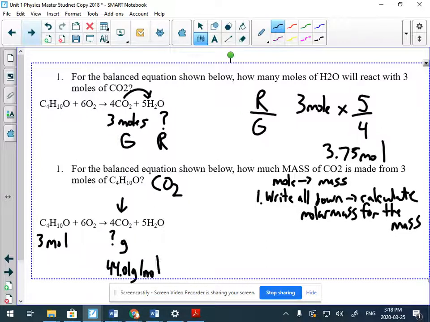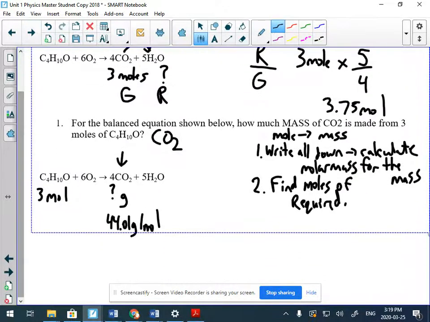That's our first step. Second step, find moles of required. Awesome sauce. So we got to find the number of moles of the required. So this is now our required because we're trying to solve it. That's our given.